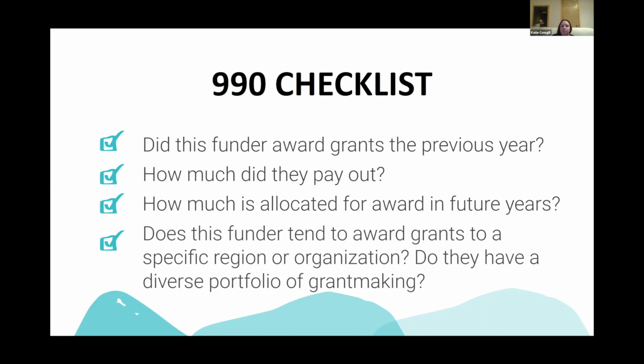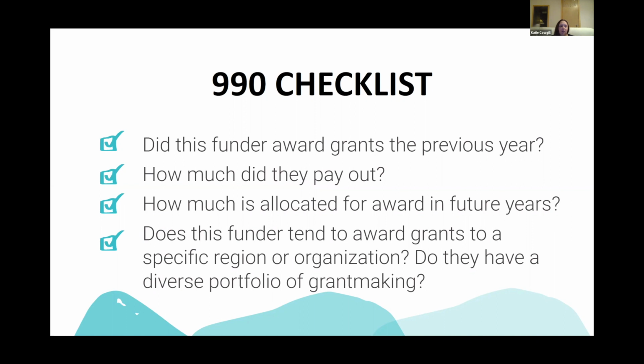Does this funder tend to award grants to a specific region or organization, or do they have a diverse portfolio of grant making? What I mean is, when you look at the organizations they've made grants to, is it generally churches? Is it generally colleges? Do they only award to the same organizations year after year?